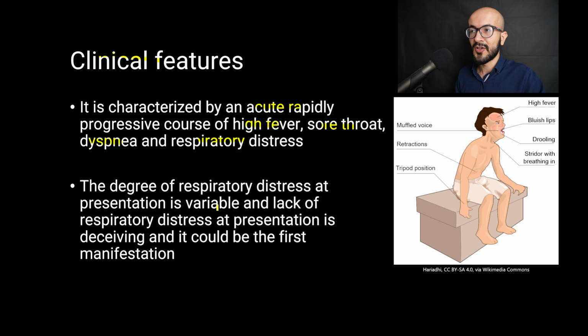And the degree of respiratory distress at presentation is variable, and lack of respiratory distress at presentation is deceiving, and it may lead to misdiagnosis, which can be dangerous because this patient might rapidly progress into airway obstruction and death. Now respiratory distress also could be the first manifestation of this disease.